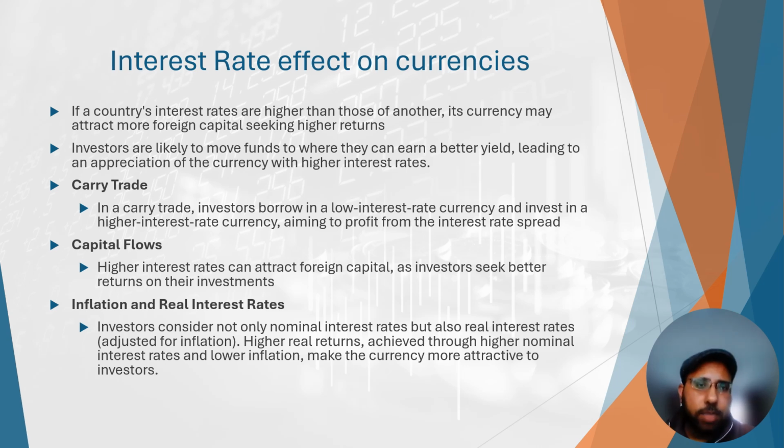Okay, and so central banks may respond by raising interest rates to not only contain inflation but also strengthen the currency. And when it comes to low inflation, it suggests that the economy is perhaps not overheating, and central banks may keep interest rates low or even cut them. Okay, weakening the currency as investors seek higher returns elsewhere.